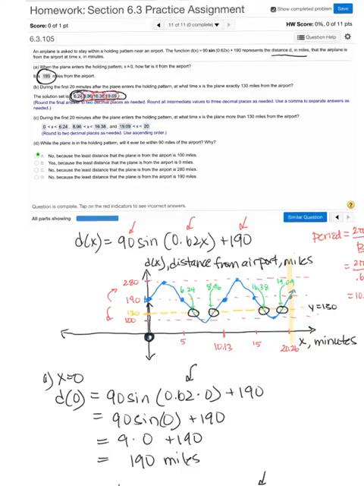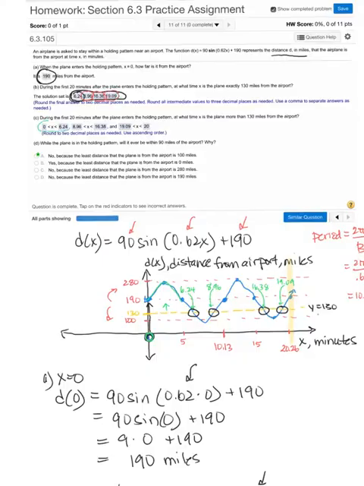So where am I more than 130 miles from the airport? That's wherever I am above that line, y equals 130. So it looks like it's happening from an x value of 0, and I'm above until I get to 6.24.